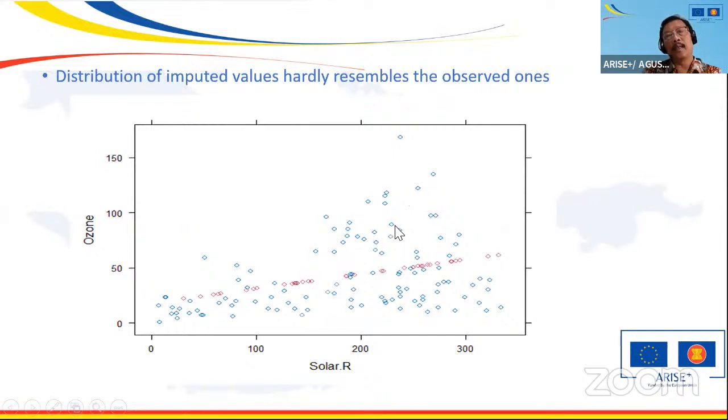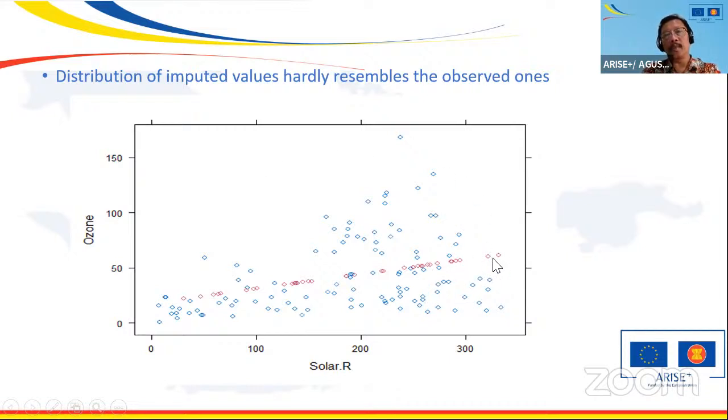Next slide. Here is what I have mentioned earlier. Having used deterministic regression, our imputed values are more or less in a straight line like this, the red ones, while in our actual data, if you look, the variance is increasing. But the imputed values are still here, not really reflecting the distribution of the observed values.